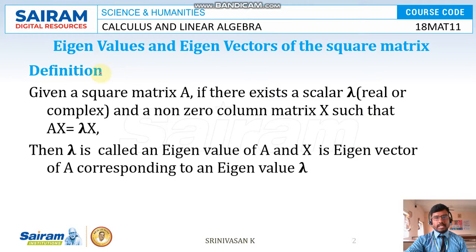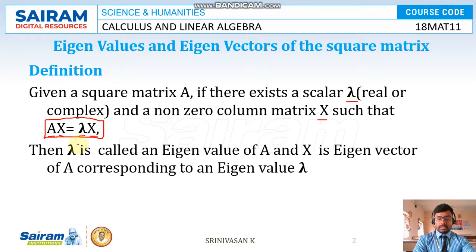The definition: given a square matrix A, if there exists a scalar lambda, which may be real or complex, and a non-zero column matrix X such that AX equals lambda X, where A is the given matrix and X is the non-zero column matrix, then lambda is called an eigenvalue of A, and X is the eigenvector of A corresponding to that eigenvalue. So this is our definition of eigenvalue and eigenvector.